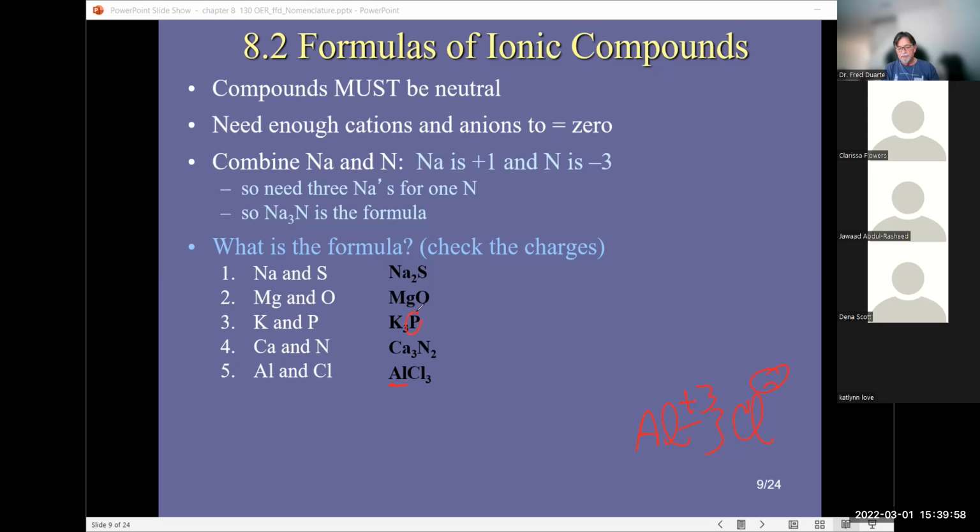Maybe I forgot what the phosphide oxidation number was, but I do know that the potassium always has a +1, right? And therefore I got 3 of them. That infers that the phosphide must have a -3, because I got to put enough of each so that it equals 0. All the molecules we've written so far are neutral. They come from charged ions, positive and negative, but we had enough of them, so when we put them together, they have a net 0 overall molecule-wise.